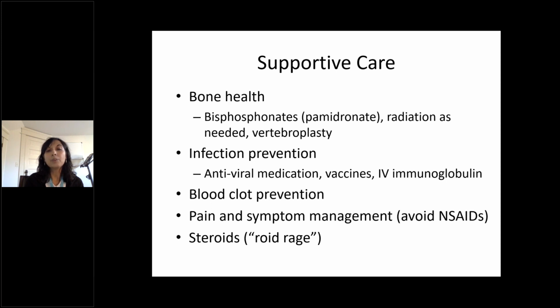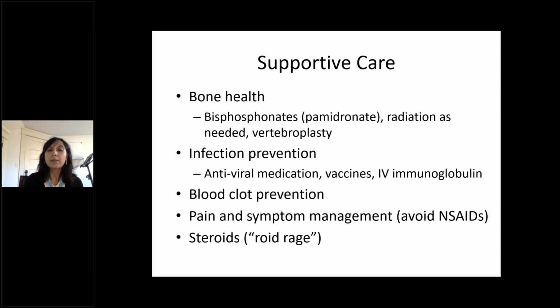And what we're finding is that with some of these newer agents like the monoclonal antibodies like daratumumab, patients are developing recurrent pneumonias, and we want to try to manage that with IVIG, which is an immunoglobulin. So that's something that we're becoming a lot more aware of recently, is giving IVIG to prevent those pneumonias.